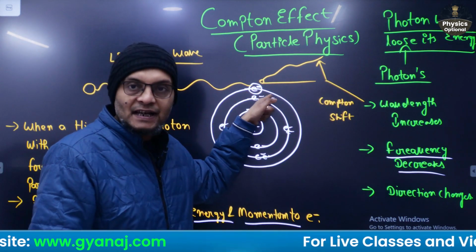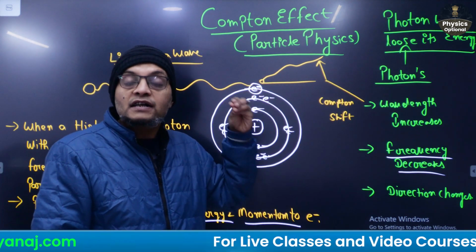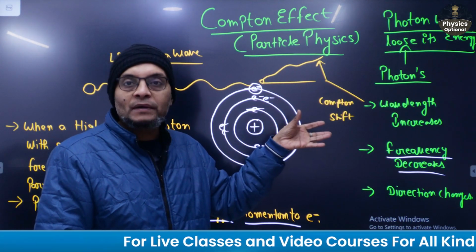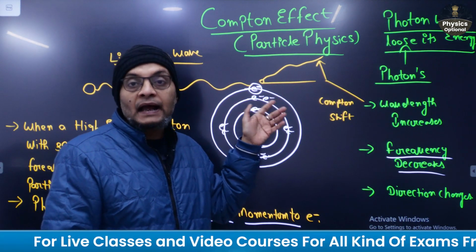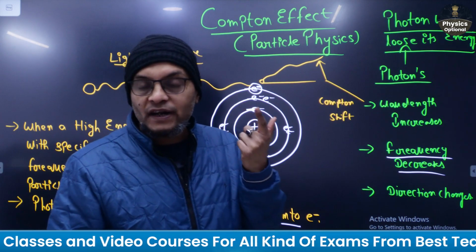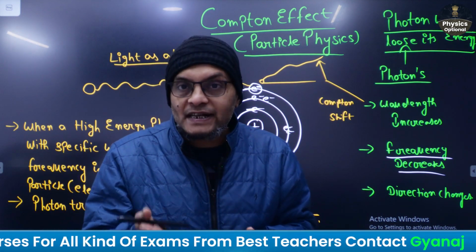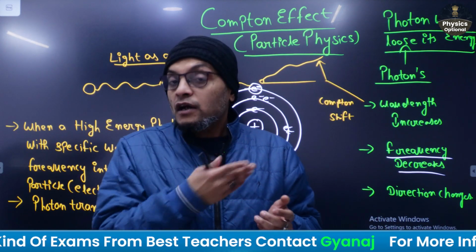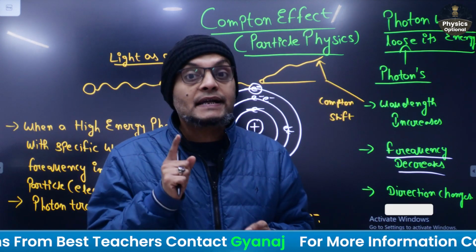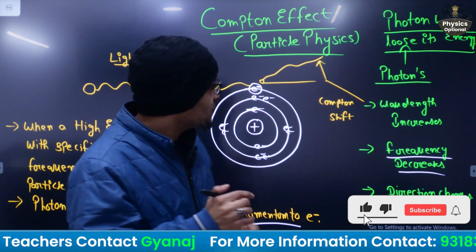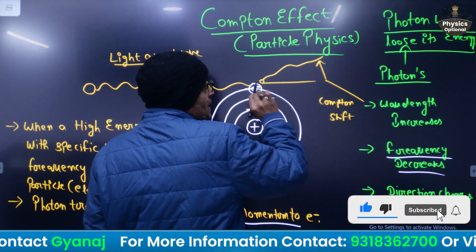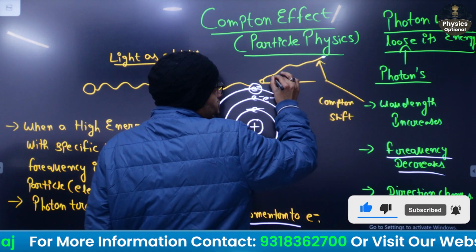When it strikes the electron, it has transferred some of its energy and momentum to the electron. Thereby, the frequency of the photon has decreased, the wavelength of the photon has increased, and the direction has changed. Okay, see guys, it was moving horizontally, now it is moving like this.